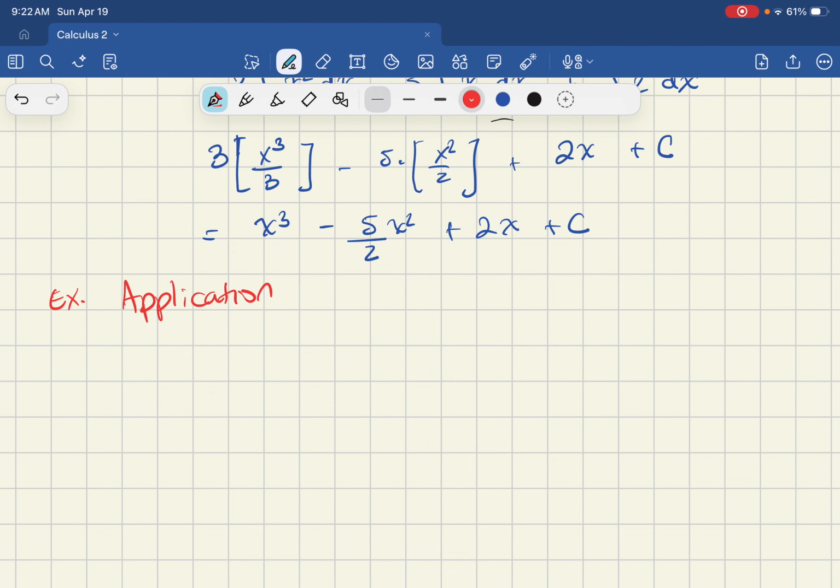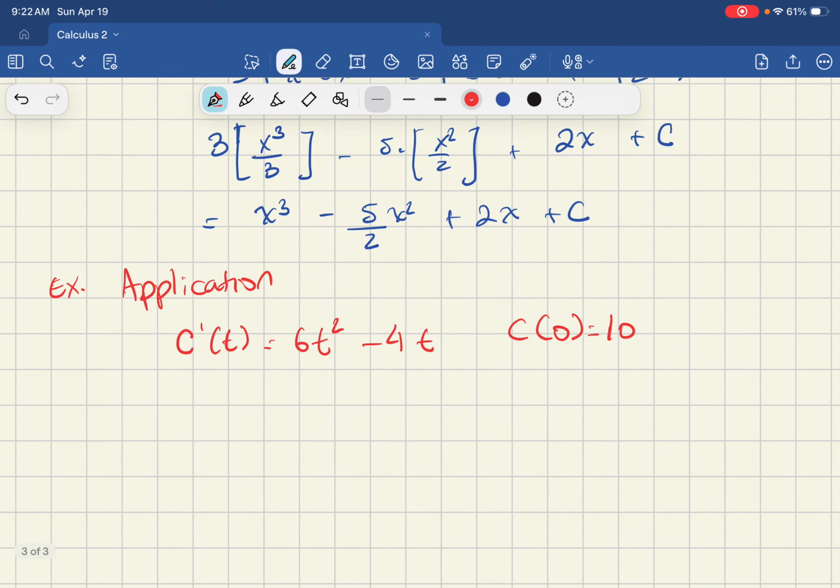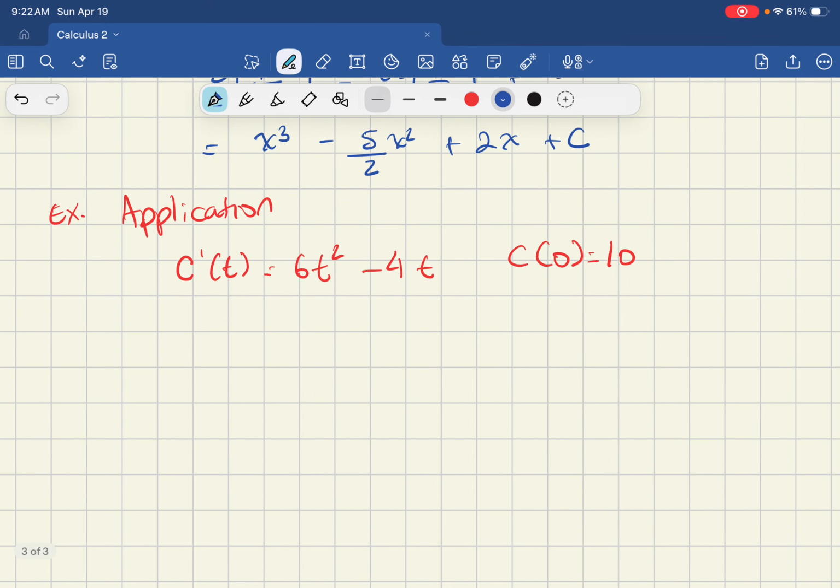We have that c prime of t is equal to 6t squared minus 4t with given initial condition c of 0 is equal to 10. Here we're looking at the rate of change of a drug concentration, and we need to find the concentration itself. So what are we doing? We're finding concentration.